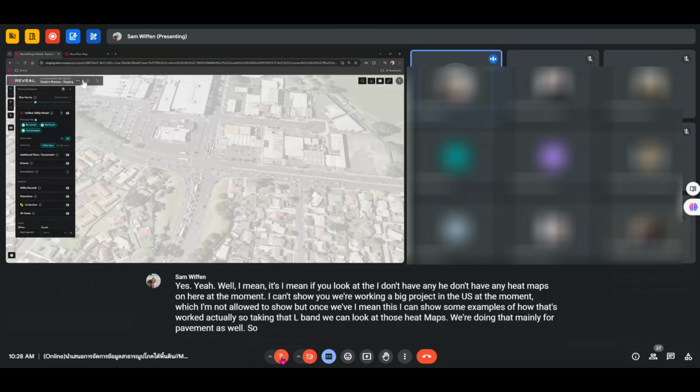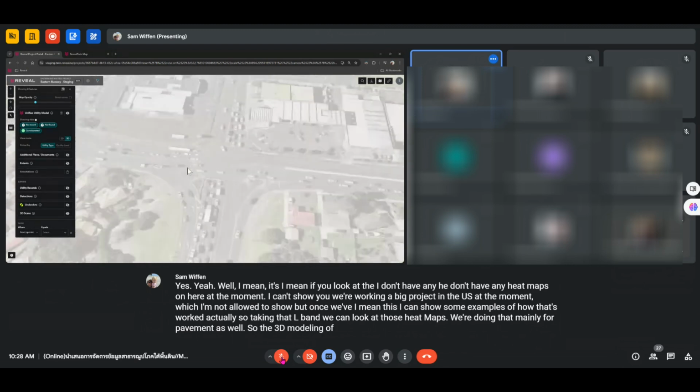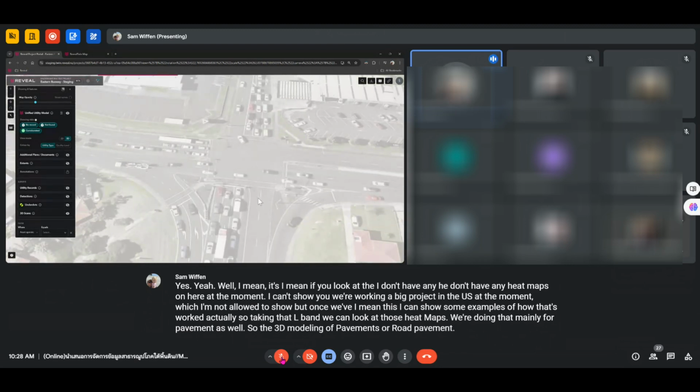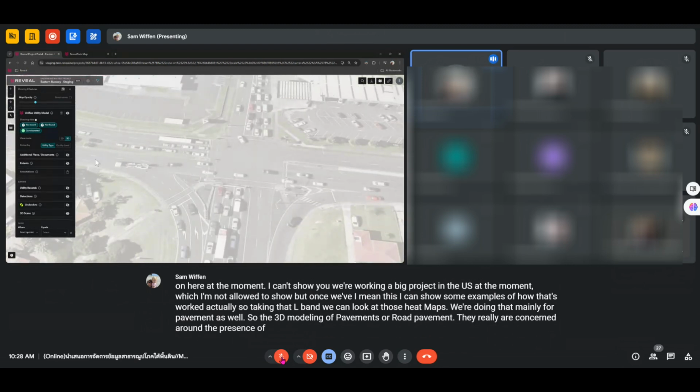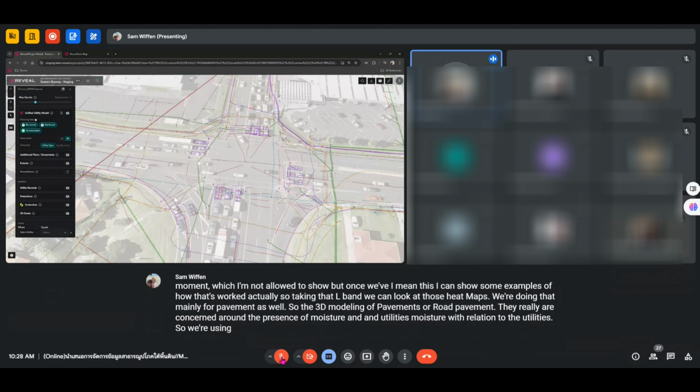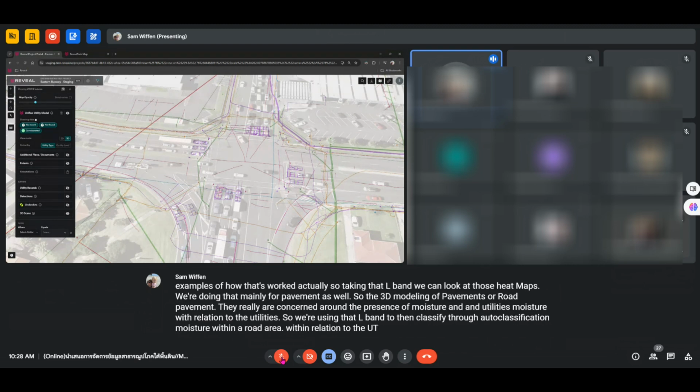So the 3D modeling of pavement, road pavement, they really are concerned around the presence of moisture with relation to the utilities. So we're using that L-band to then classify through auto classification moisture within a road area in relation to the utility data that we have.